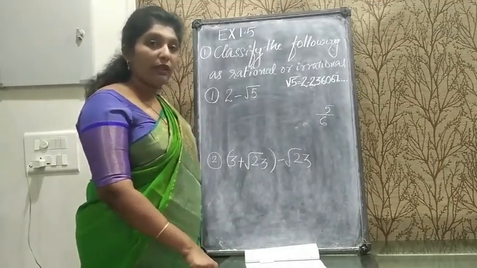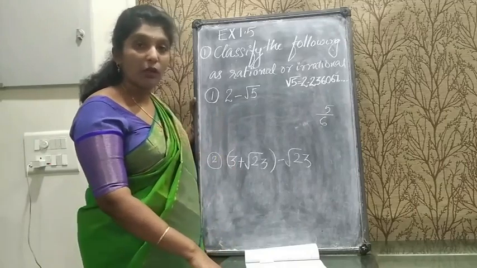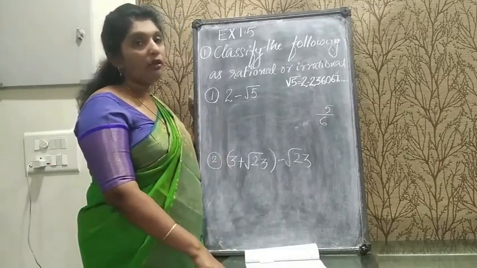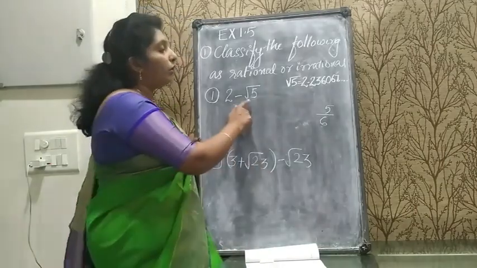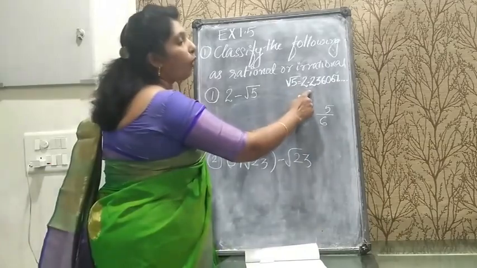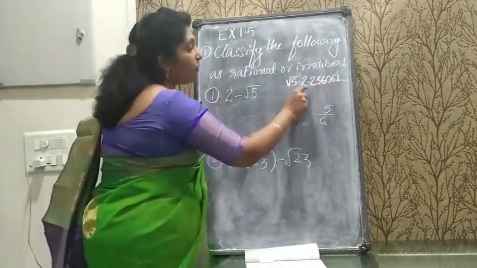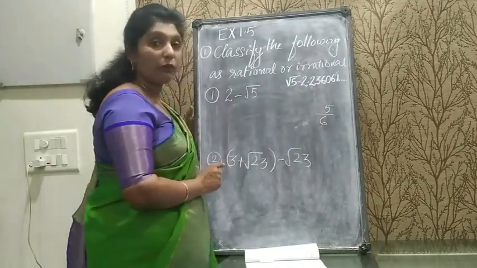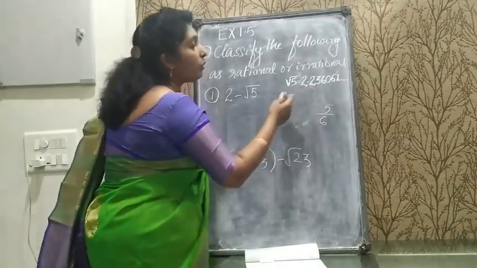How to classify this? How will you come to know that 2 minus root 5 is rational or irrational? Listen, two ways are there. First one is, you have to take the value of root 5, that is 2.236067, and subtract it from 2.